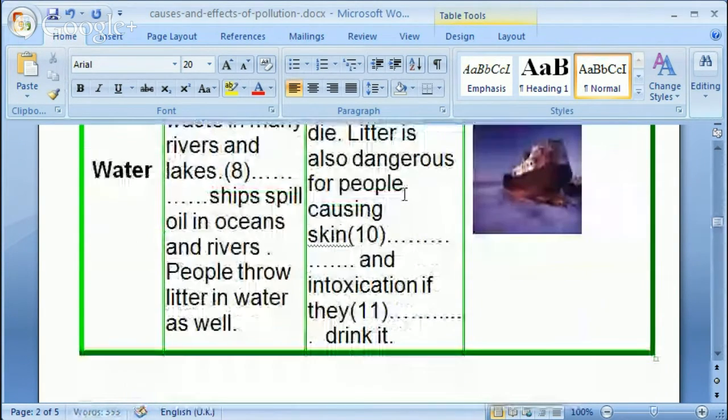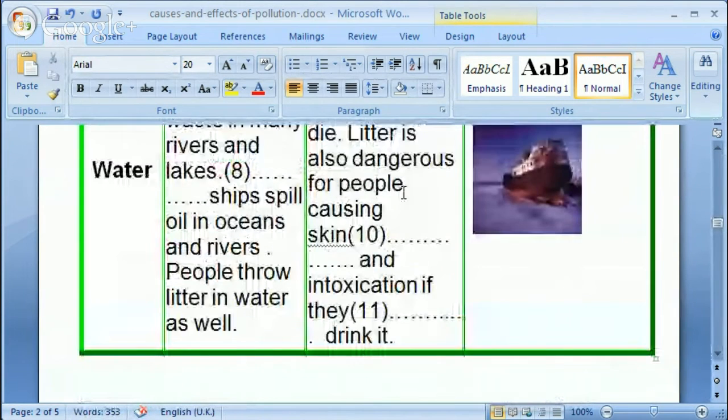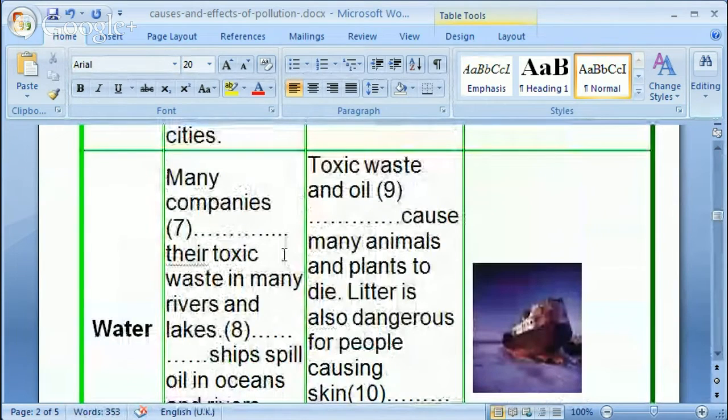All right, moving on to water pollution. Let's see what we got. Many companies blank their toxic waste. Again, many companies, noun, and then a blank, possessive, their toxic waste, and then a prepositional phrase, in many rivers and lakes.